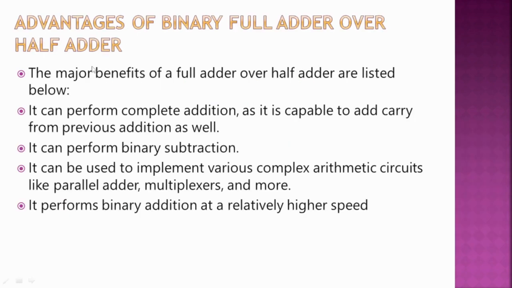What are the advantages of binary full adder over half adder? The major benefits of the full adder over the half adder are listed below. It can perform complete addition when compared with the half adder.